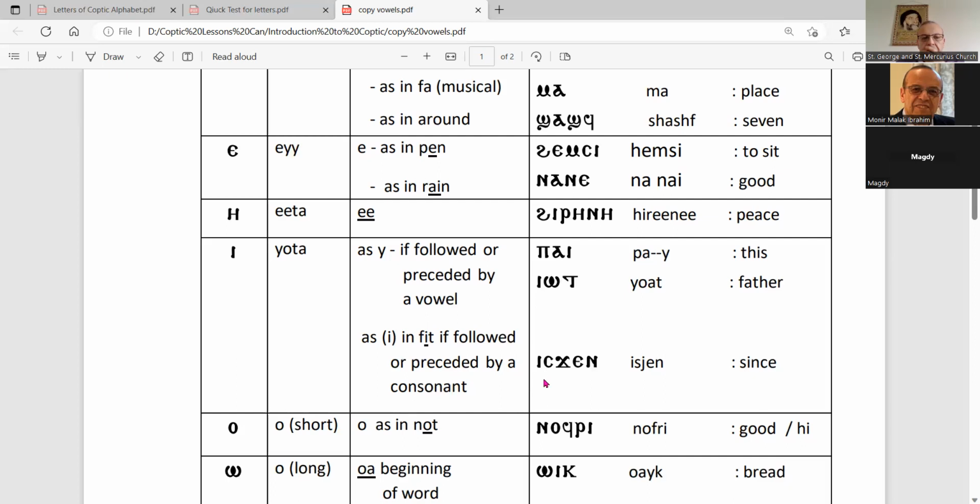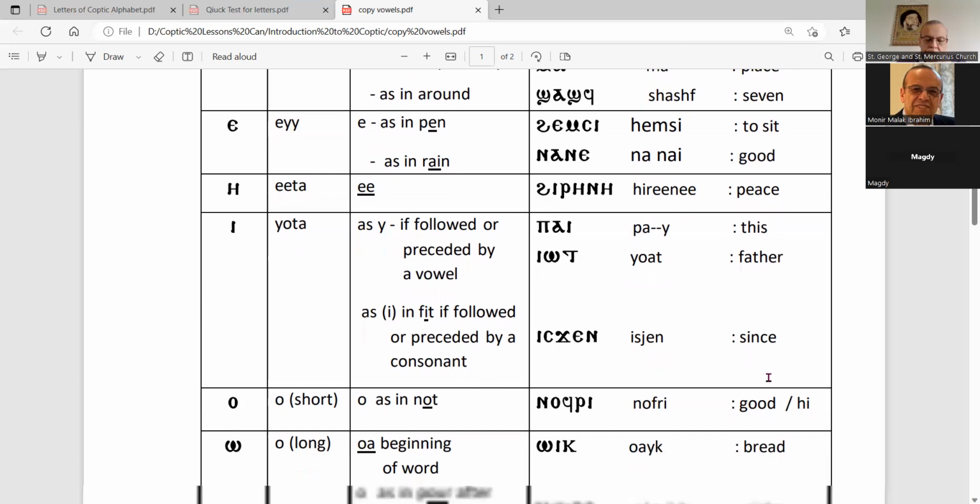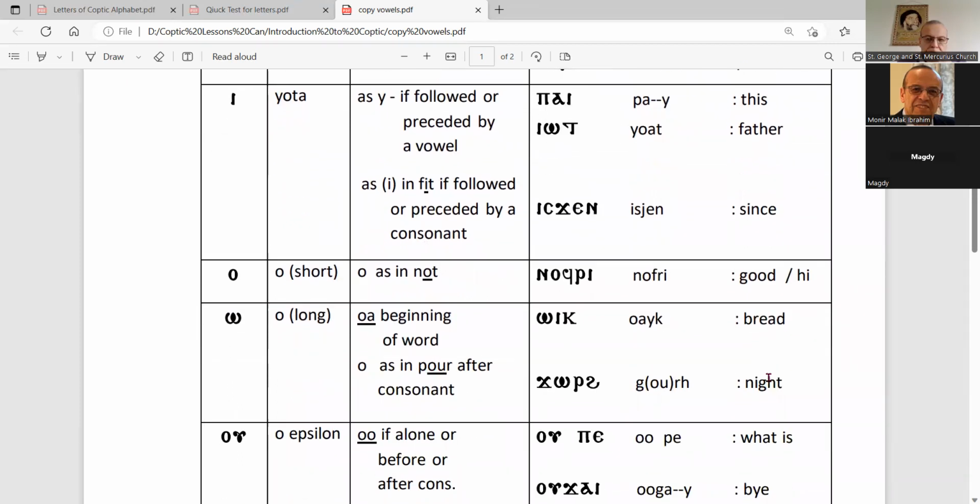I have chosen a word, isgen: iota, sima, S, janja, J, A, E, nay, N. Isgen, meaning since.